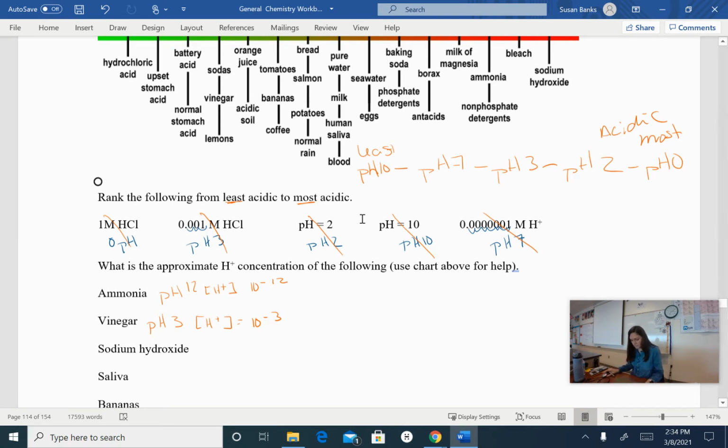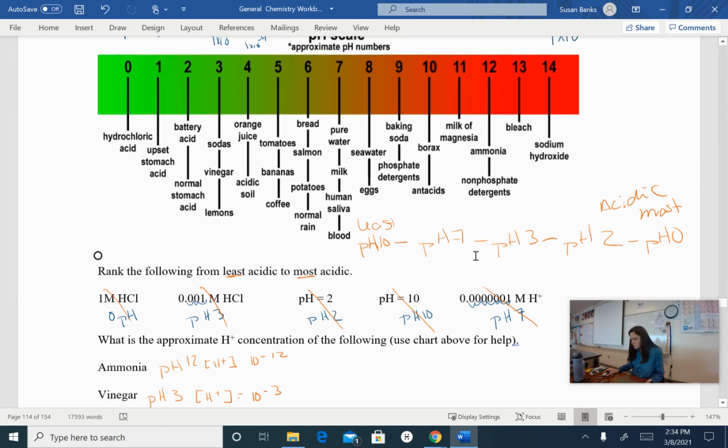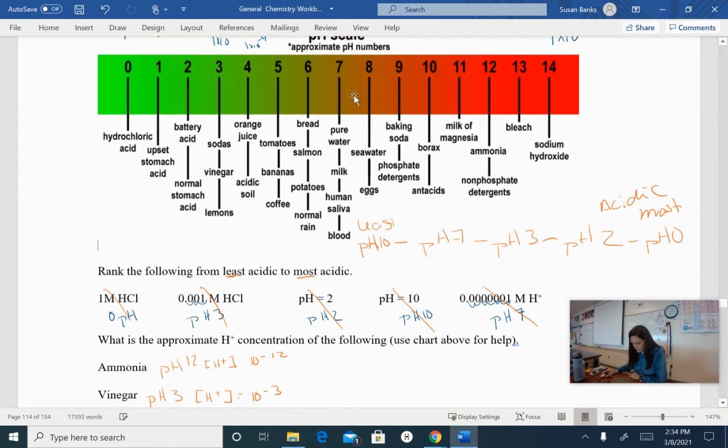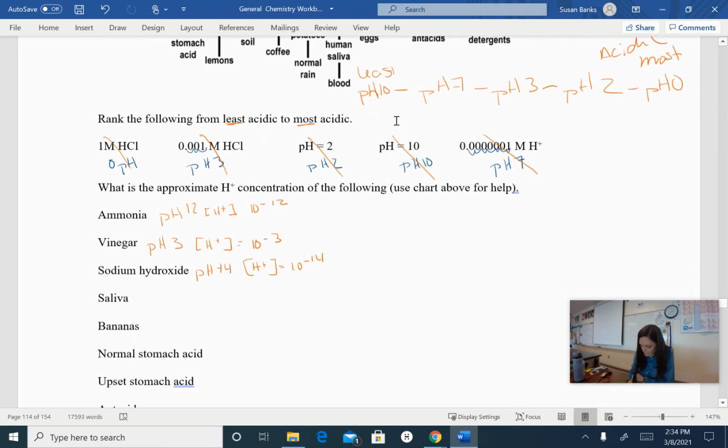Okay, sodium hydroxide is here at 14, so a pH of 14. So that would give us a hydrogen ion concentration of 10 to the negative 14. Human saliva is here at 7. So pH of 7.